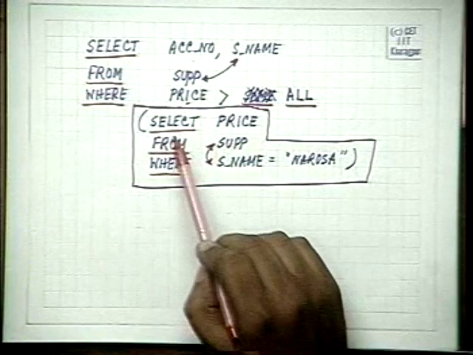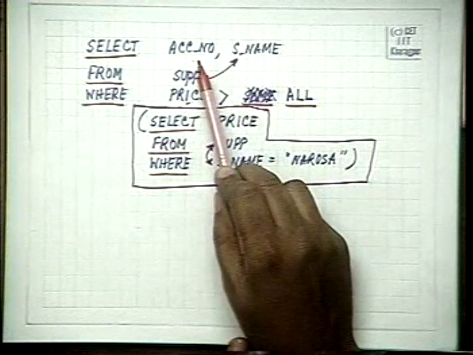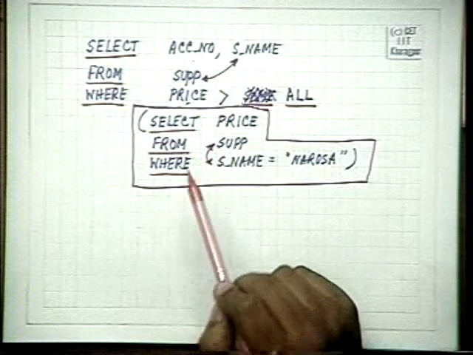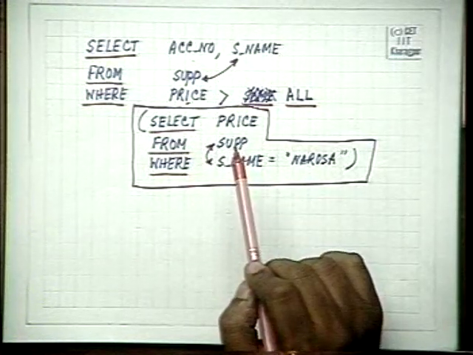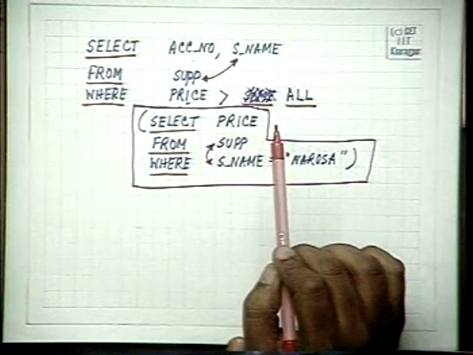Then we have been able to get the supplier name and accession number of those books which are more expensive than all the books supplied by Narosa, the greatest book supplied by Narosa.